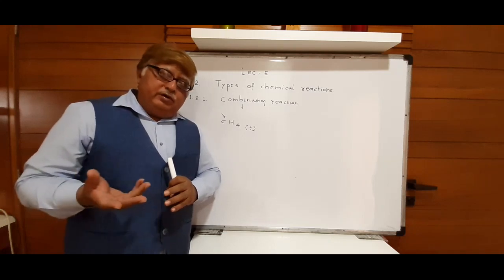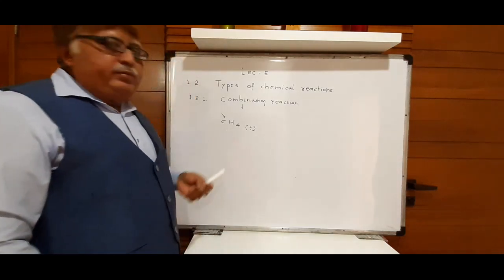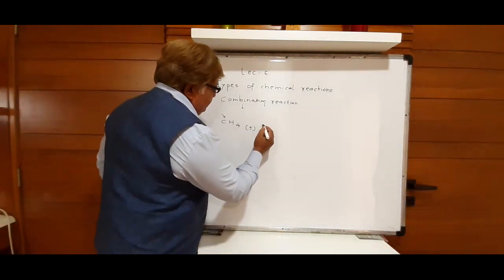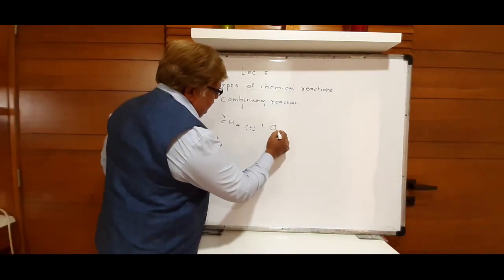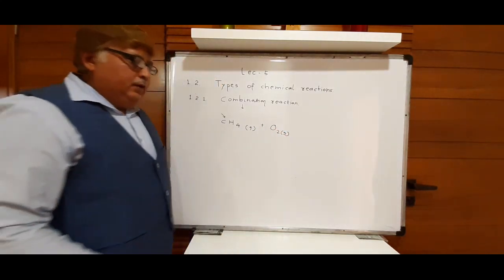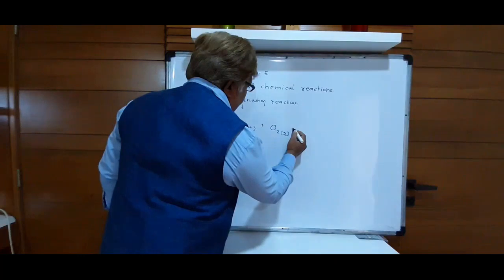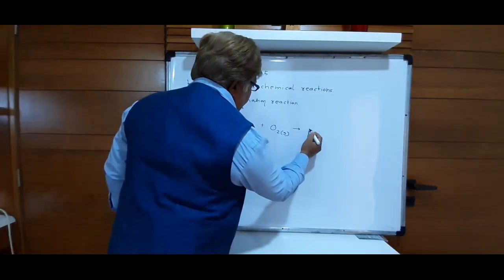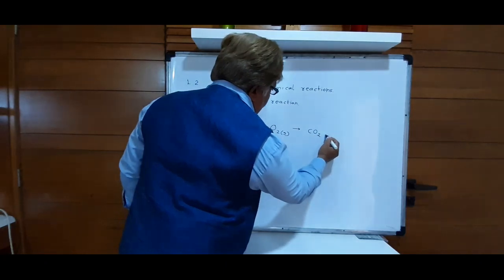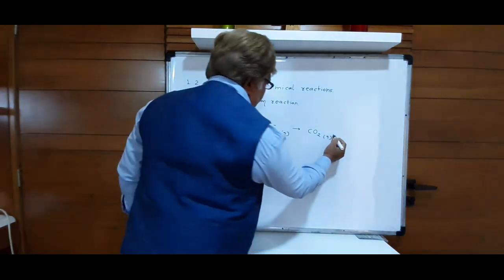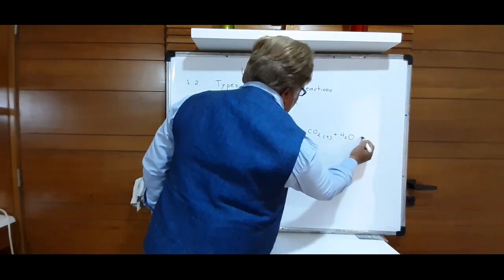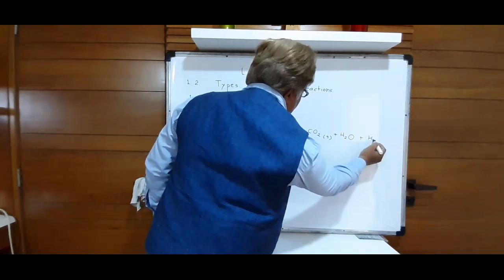So when you say burning of natural gas, I simply say burning of methane. When methane burns, it combines with oxygen. And which are the products here? When methane reacts with oxygen, these are the products: CO2 plus H2O plus heat.